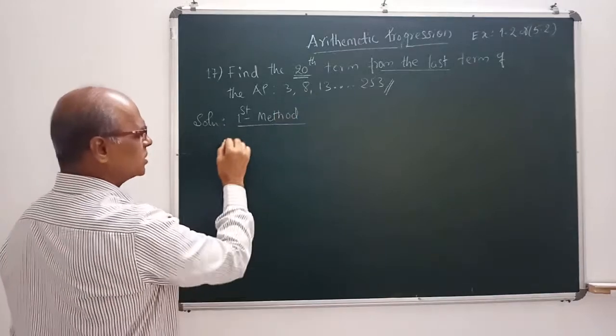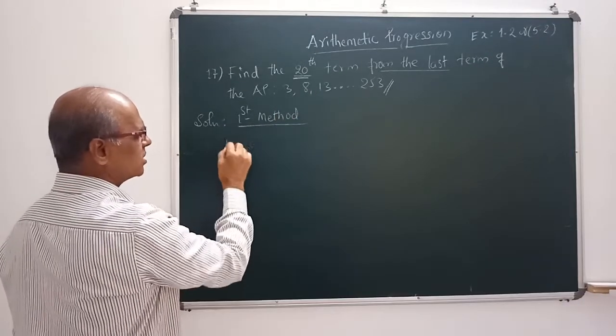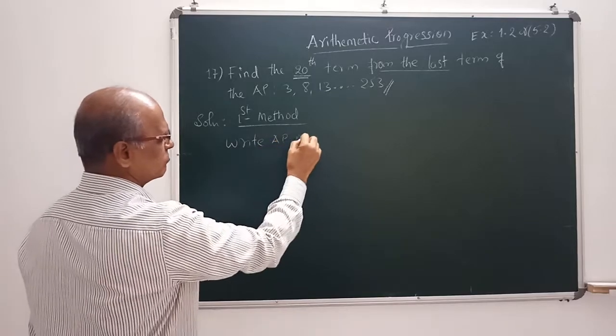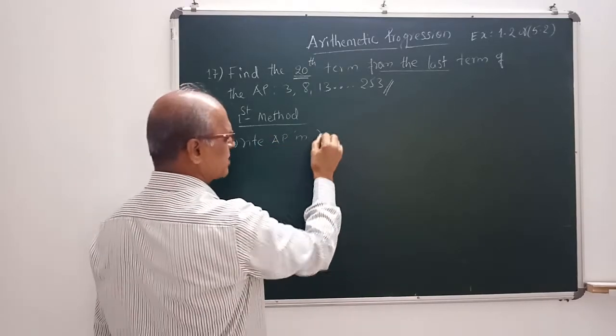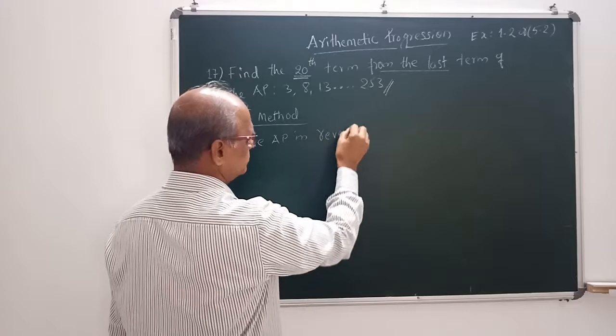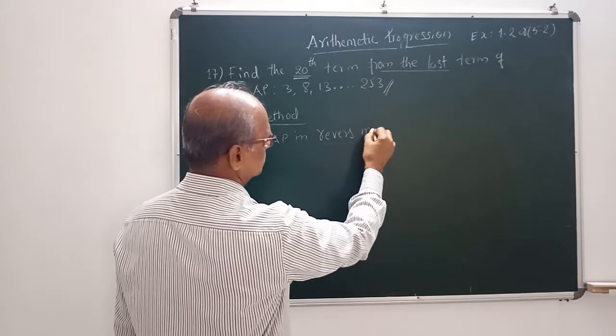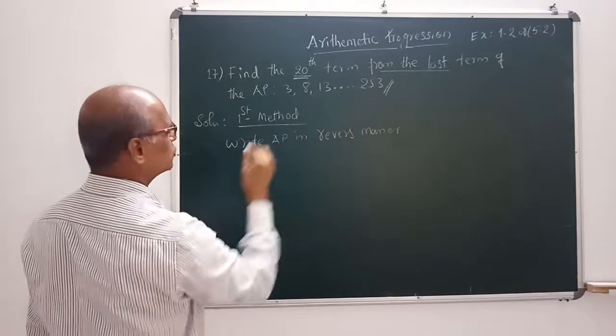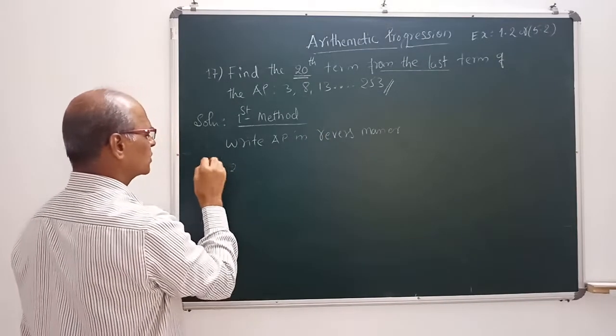What I have to do here? Write the AP in reverse manner, that is, starting from 253.